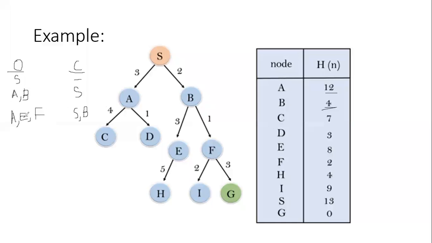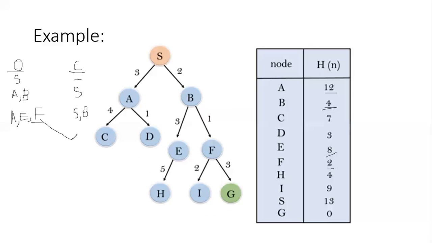Now, again, we need to check from the children that we have here. A has an estimate of 12, E has an estimate of 8, and F has an estimate of 2. So F is the one that is more promising, and that is the one we will take to the closed list in the next step.